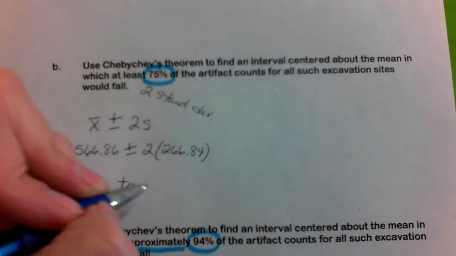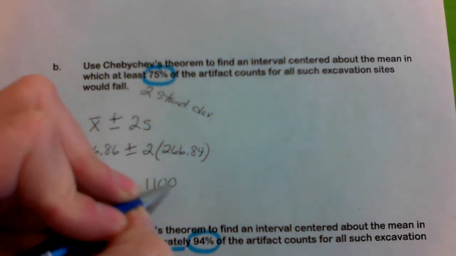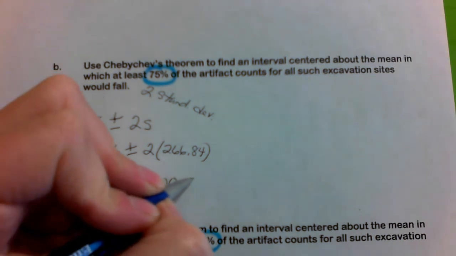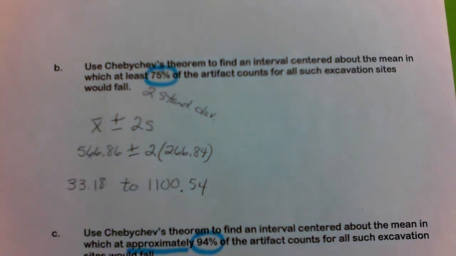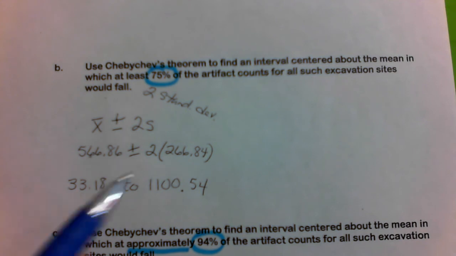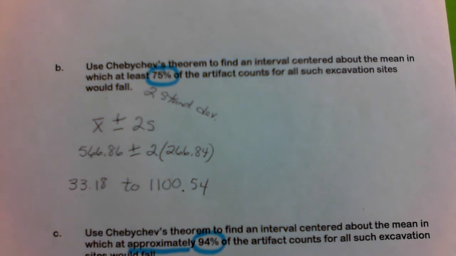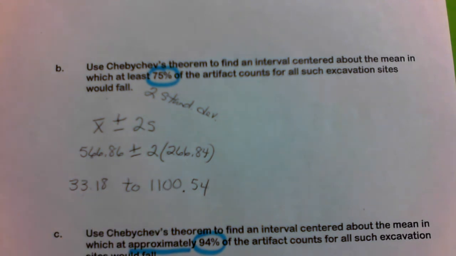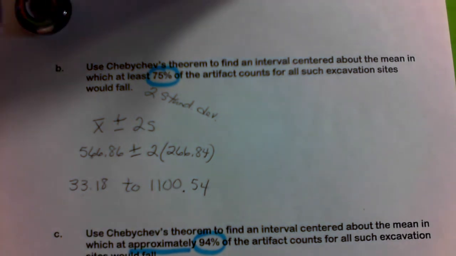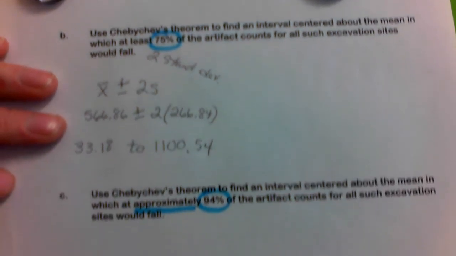And you get 1100.54. So this is 33.18 artifacts to 1100.54. And what that tells me is that 75% of the sites are going to have anywhere from this many artifacts to this many. And that's a pretty high difference. It has a pretty high variability.